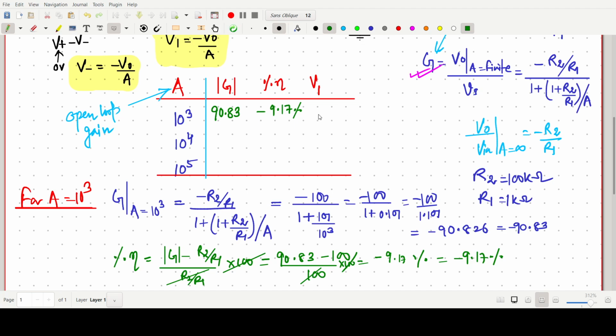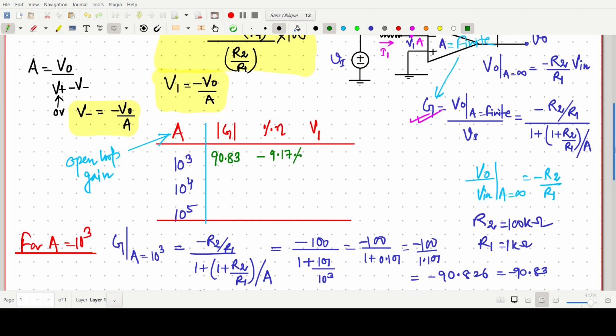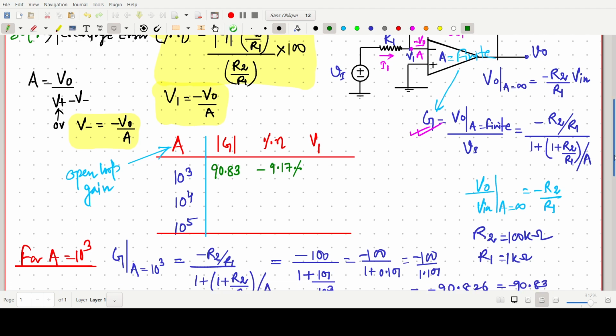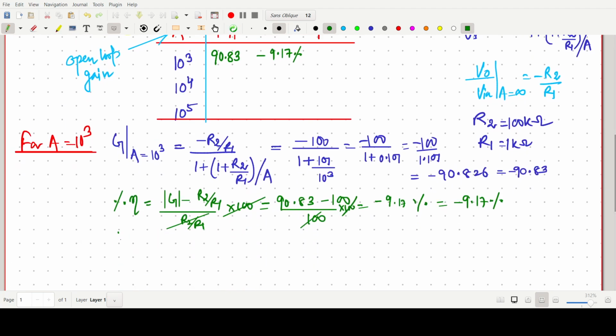Now we have to find the value of V1 at this point. The value of V1 will be minus V naught by A. V naught is nothing but minus G times Vi by A, because G is the overall gain, V naught by Vi.